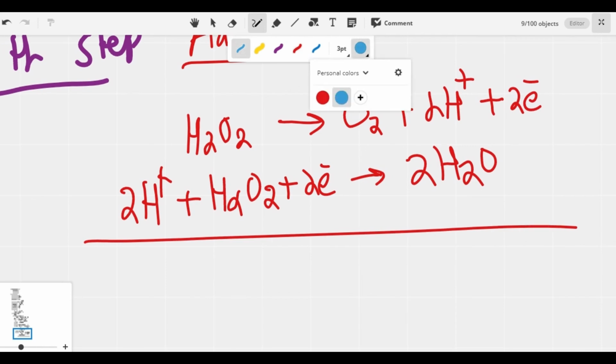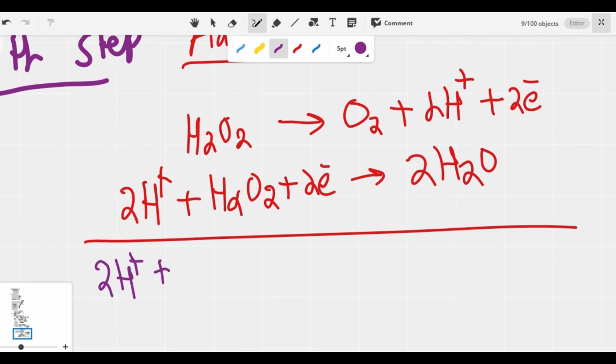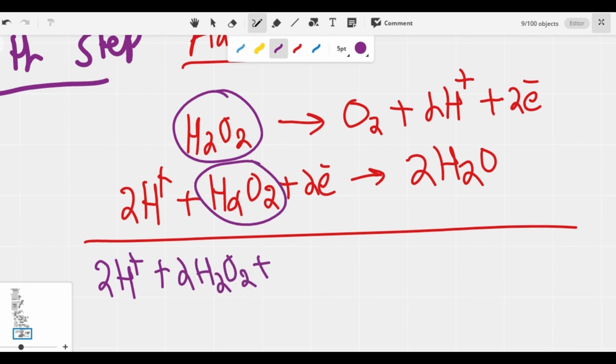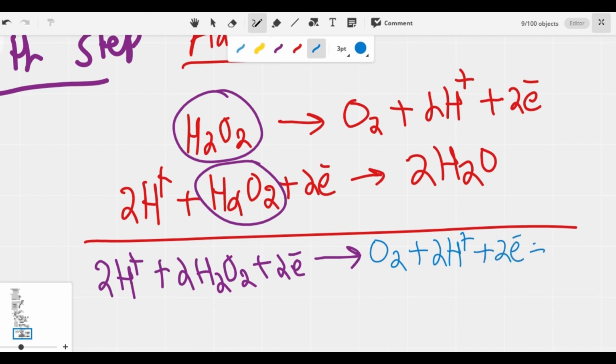Now I'm going to add them, so that will give 2H2O2 plus 2H positive on the left, and on the right side there is oxygen plus 2H positive plus 2 electrons plus 2H2O.